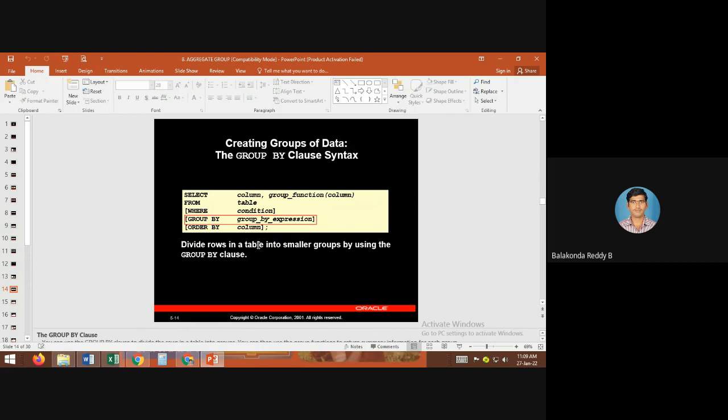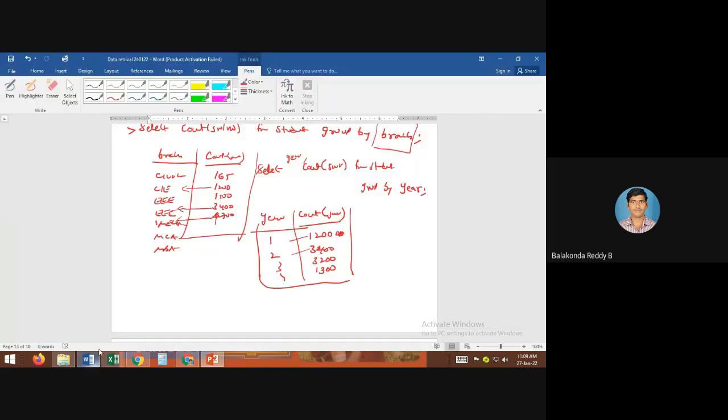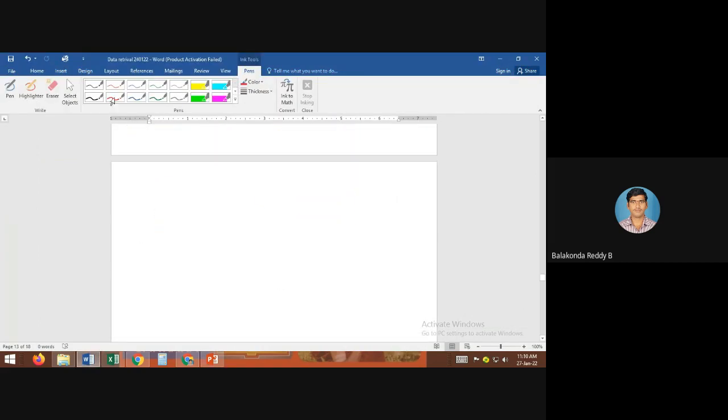Guys, listen carefully. I would like to find the average salary of each department. In the employee table, I would like to find the average salary of employees department wise.